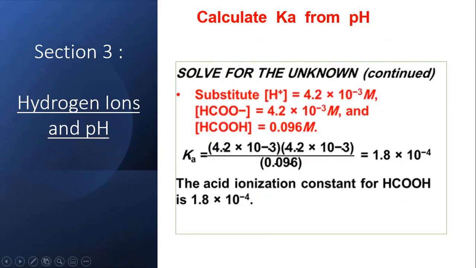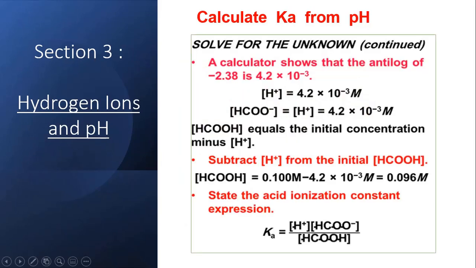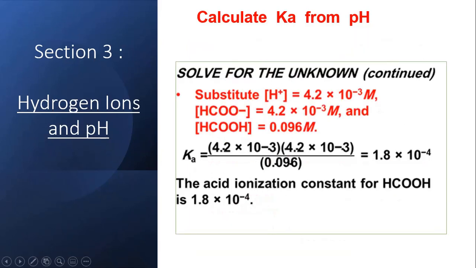Ka equals concentration of H positive times concentration of the negative ion over the concentration of the acid. So we already have both the acid and its ions. Concentration of H positive is equal to the concentration of the negative one, HCOO negative, because they both will be ionized equally.